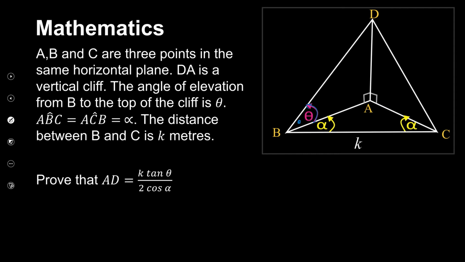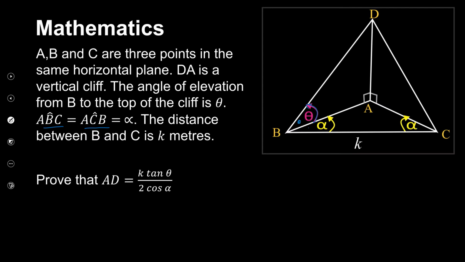And they've given us that ABC and ACB are both alpha. So this angle and this angle are both alpha. Okay, the distance between B and C is k meters, and they tell us to prove that AD is equal to k tan theta over 2 cos alpha.